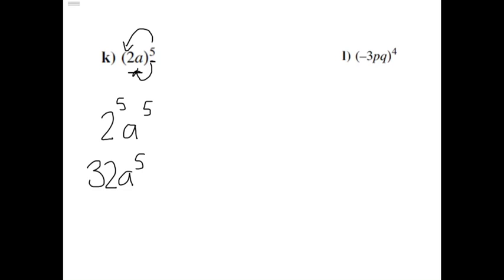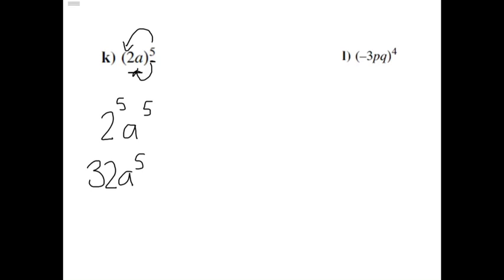You've got a whole bunch of stuff inside brackets that are going to be raised to the power of 5. That 5 is going to affect the 2 as well as the a. So this is essentially saying 2 to the power of 5 times by a to the power of 5. When you expand out the 2, you should get 32 and then a to the power of 5.